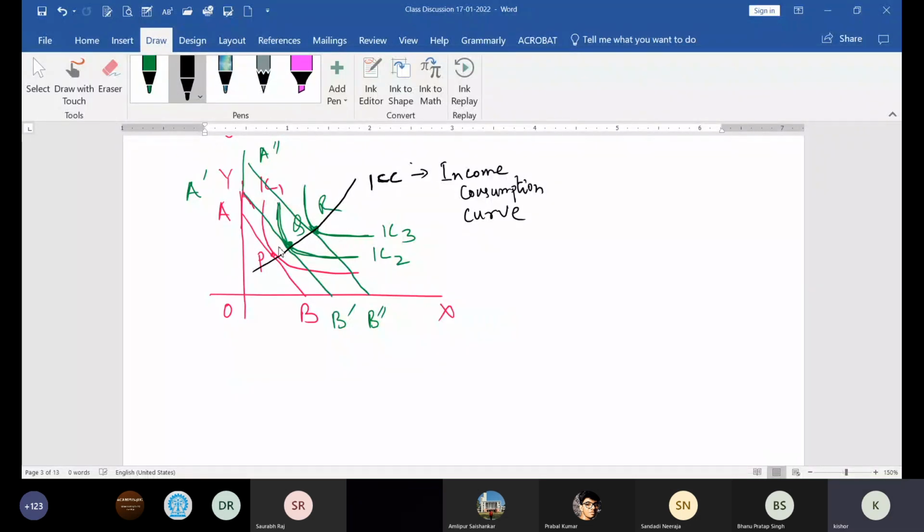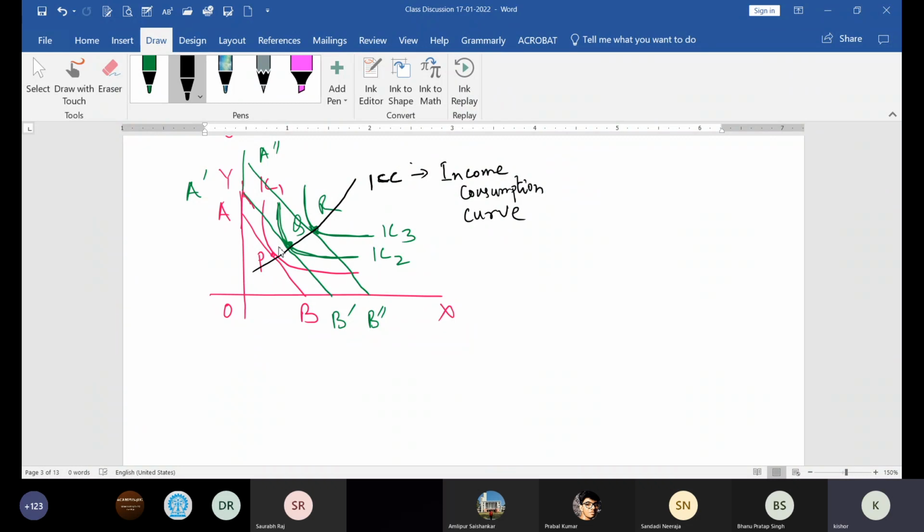What does it represent? Income consumption curve is the locus of points representing various combinations of two commodities, X and Y, we are discussing here.